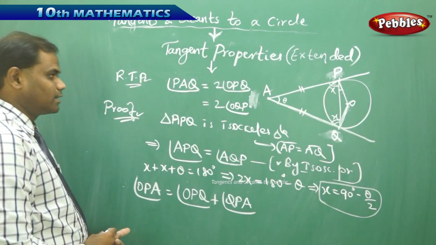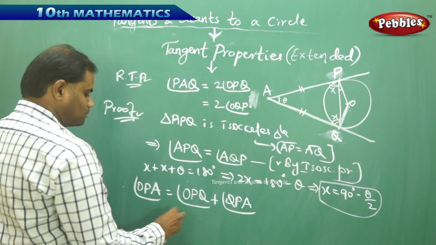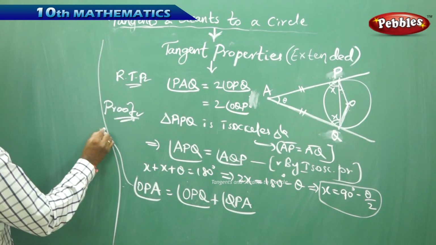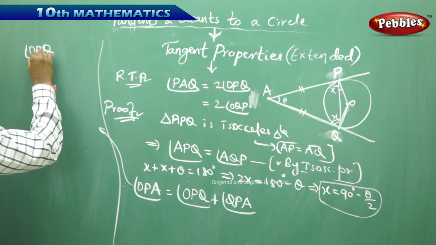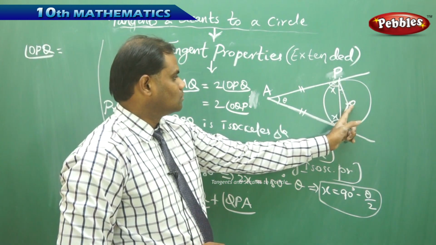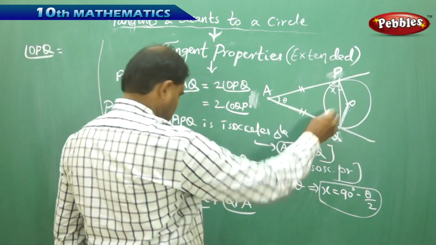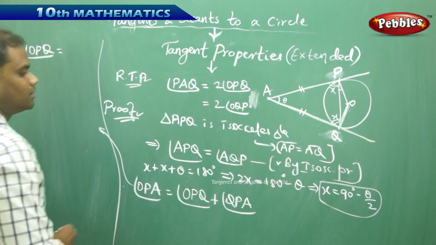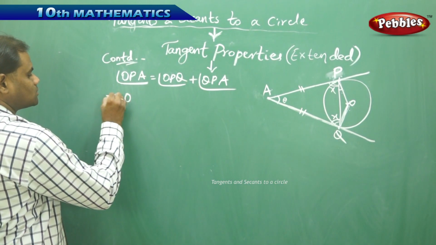So let's see what I get when I simplify further. That implies angle OPQ, which I'm going to find, is angle OPA minus angle QPA. Now let's see what angle OPQ is from here.